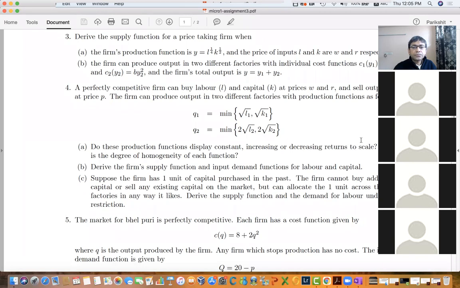I tried to back calculate using the supply function found in the solution, and I came to realize that the cost function has the price in it, which makes no sense because the cost function does not have the output price in it. It's with respect to the quantities and the input prices. Yeah, because the supply comes out to be a constant value, √5.